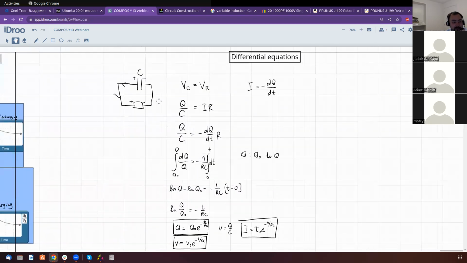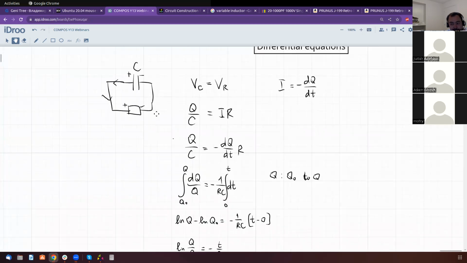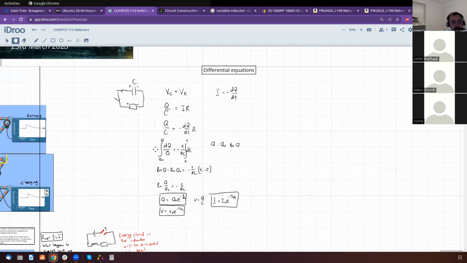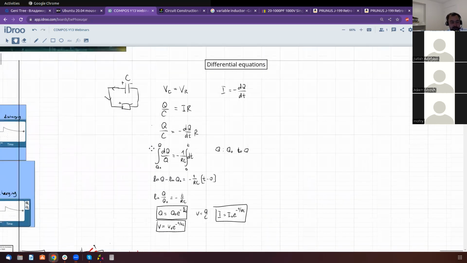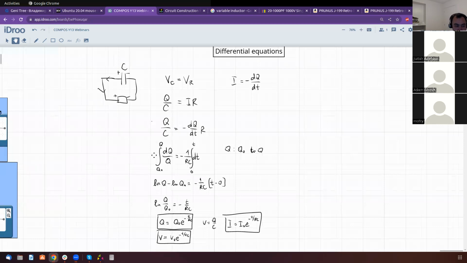Because they are in parallel. Okay. So the next question, do you think you can derive these formulas now?